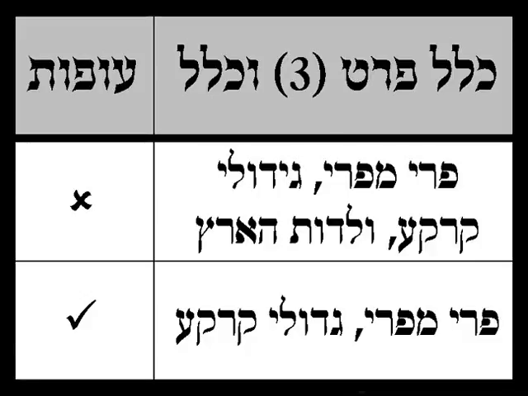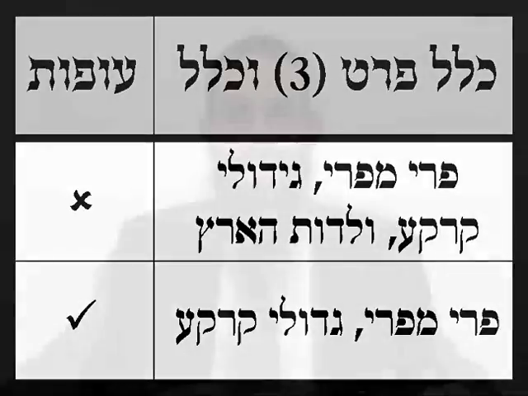So you begin very broad and you limit it somewhat. Meaning, it needs to conform, be similar somewhat to the items on the list. It needs to contain at least two elements of those items on the list. It needs to be primi pri, gedulei karka. And that includes birds, which contain both elements. But according to all shittas, dagim are not included, because fish only have one element, primi pri.